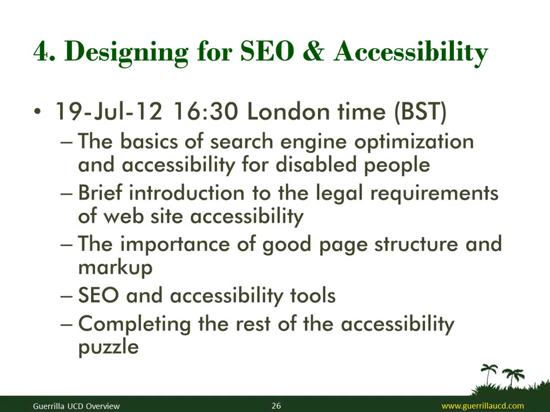The combination of SEO and accessibility can seem a bit strange to people, but in fact it's because both SEO and accessibility, to a large extent, not entirely, but there certainly is a very heavy focus on making sure that your web pages can be automatically processed either by a web crawler, which is what a search engine uses, or by assistive technology.